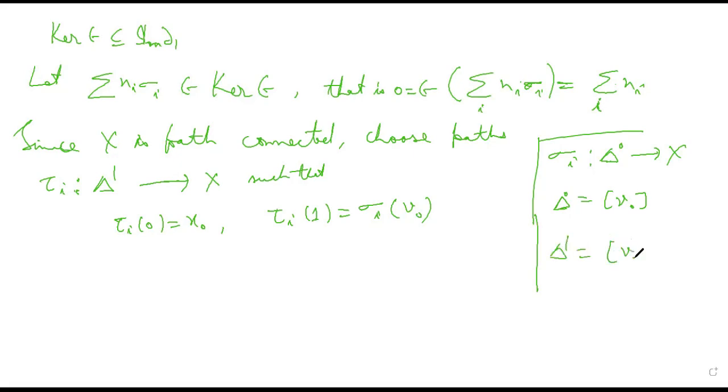This will be a standard one simplex. So we can consider the vertices of these to be, we will match with this. So maybe we can take 0 and 1. There is no problem if we take 0 and 1.